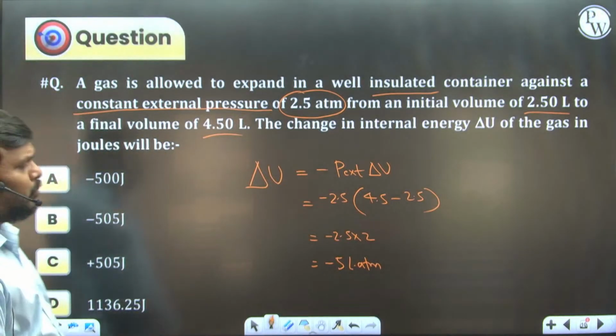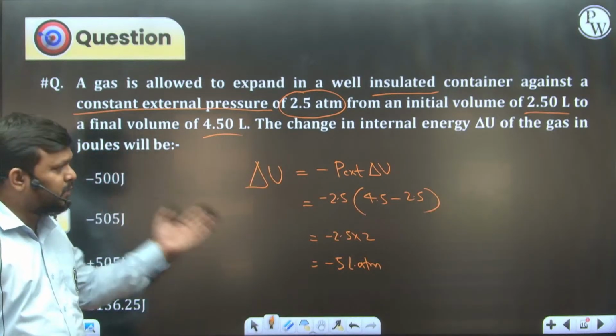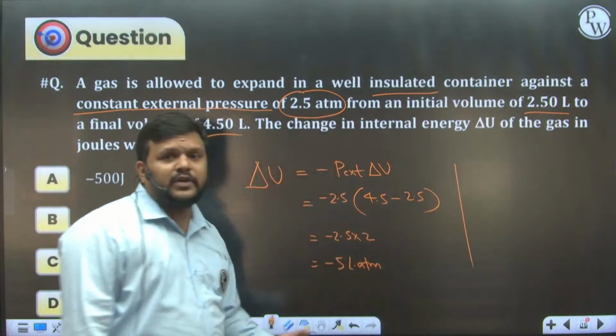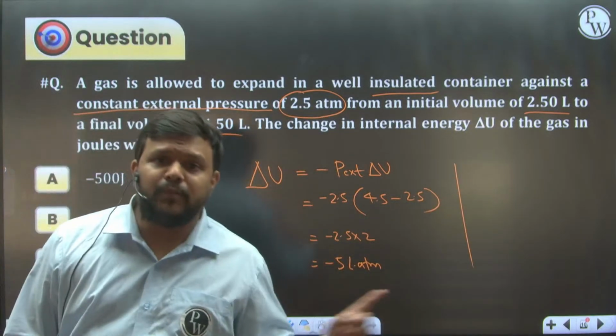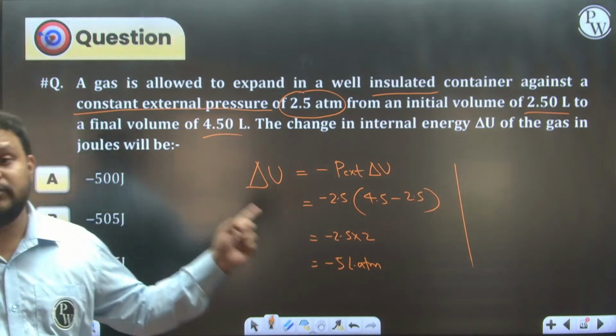So as I told you, delta U we have to calculate in joules, but we got in liter atm. Told you that conversion is very important. You can see over here, they have not given us the conversion values.